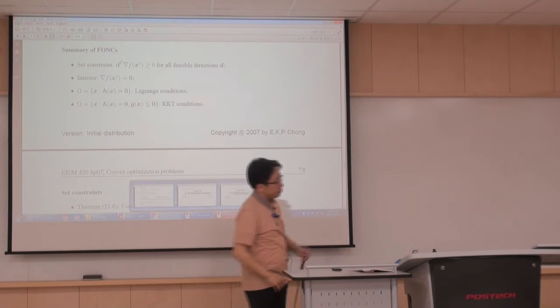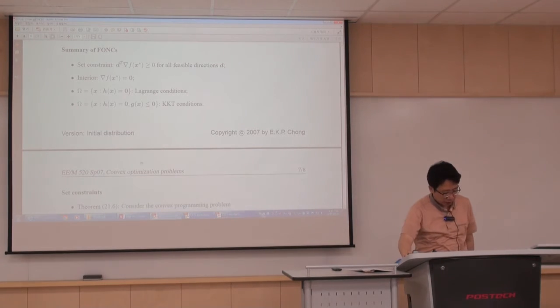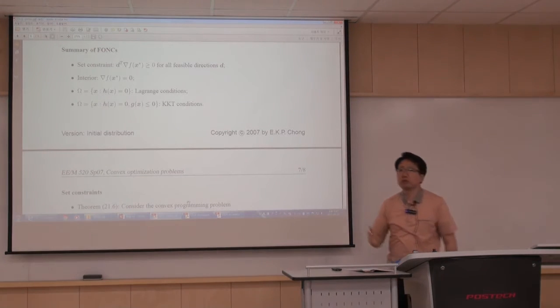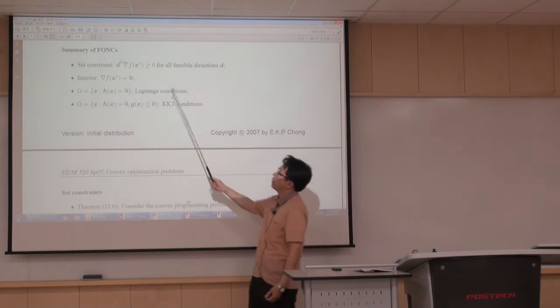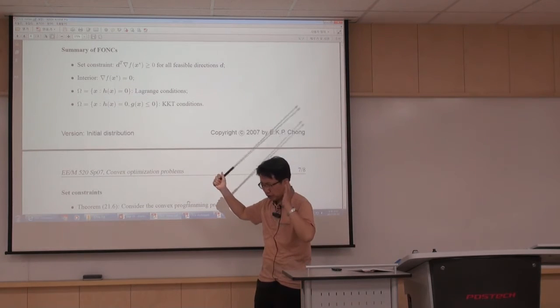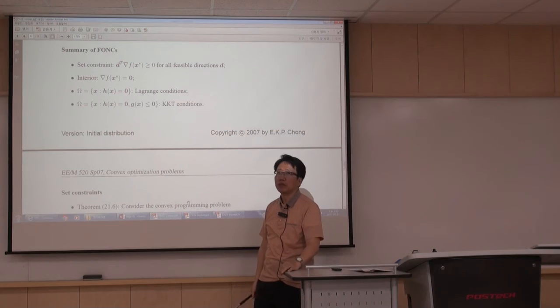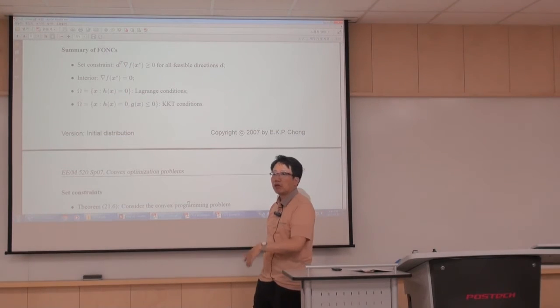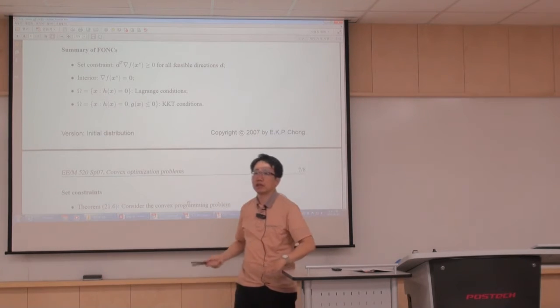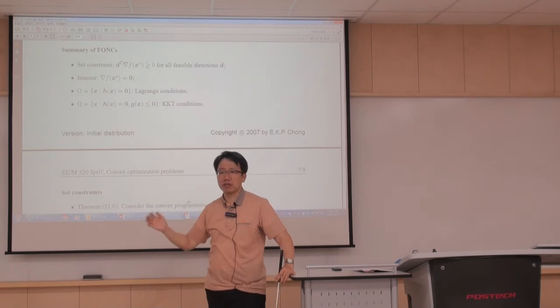Anyway, we want to prove these things for convex optimization problems. Since I don't have enough time, I'm not going to talk about everything. But these are all what we studied throughout this entire semester.